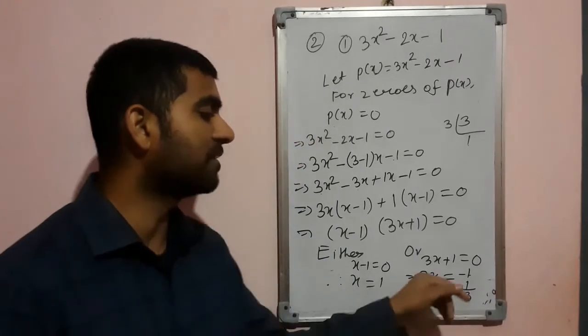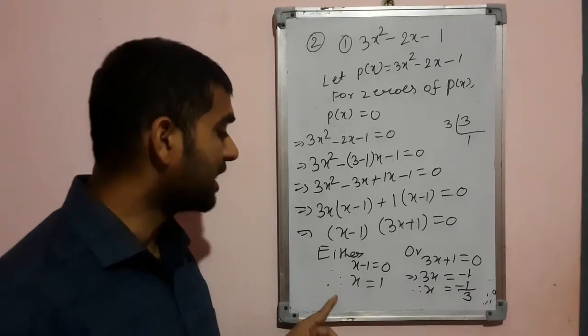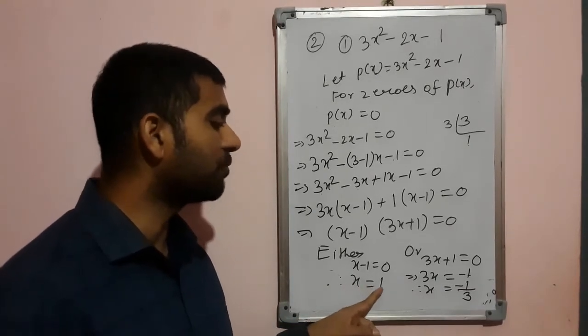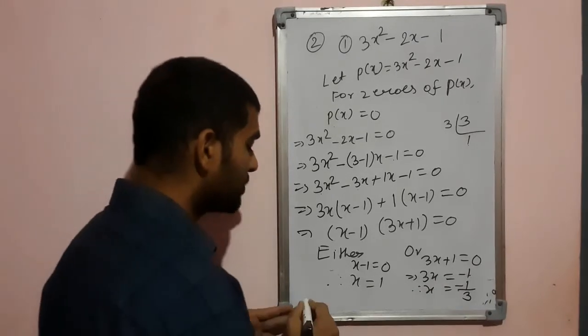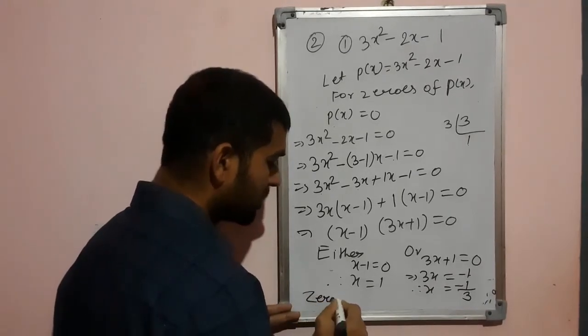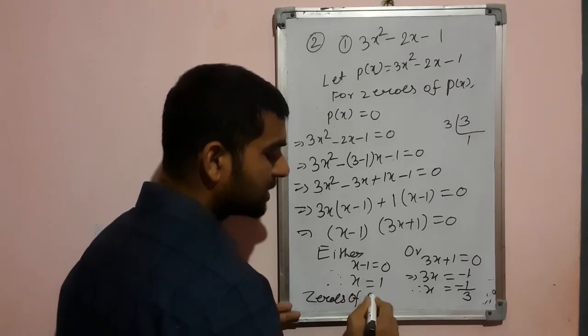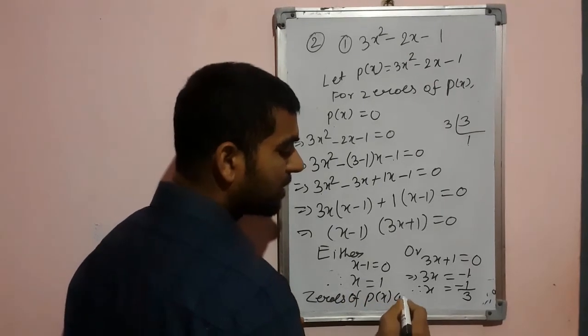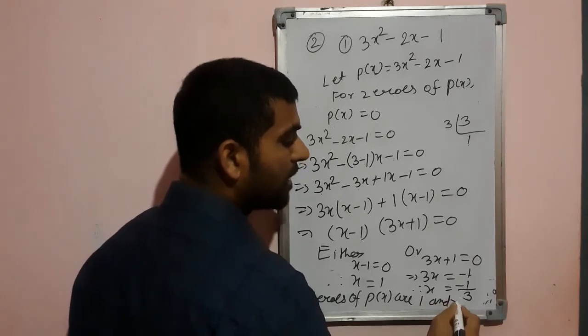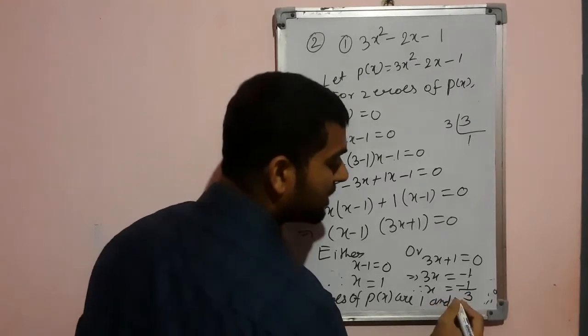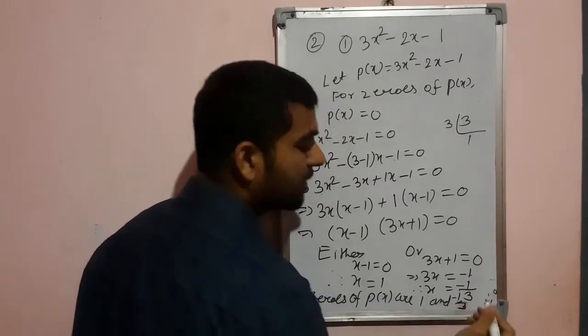So these two are the zeros. Hence the zeros of the polynomial p(x) are 1 and minus 1 by 3. Write down minus 1 by 3.